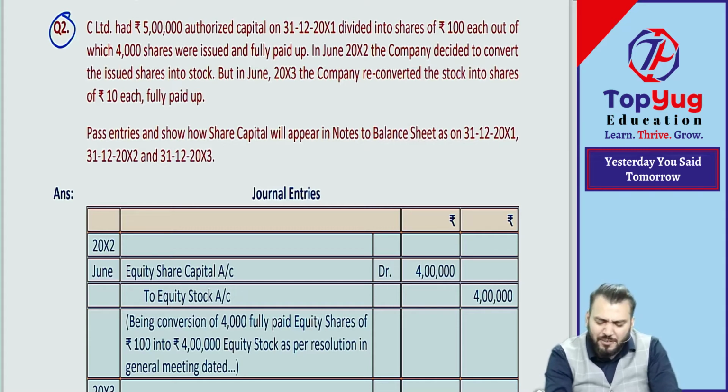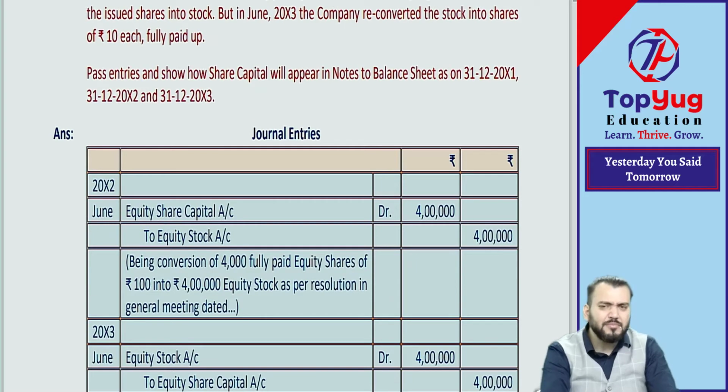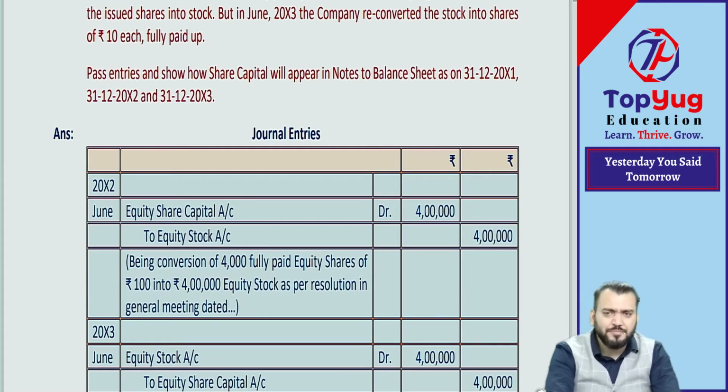paid up. This is, I will say, not a relevant concept for this chapter, but a specific question has been given in ICAI study material, therefore I am taking it into consideration. What happens sometimes is shares are converted into a group of stocks, group of shares.